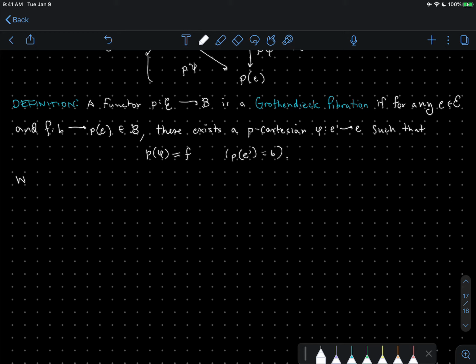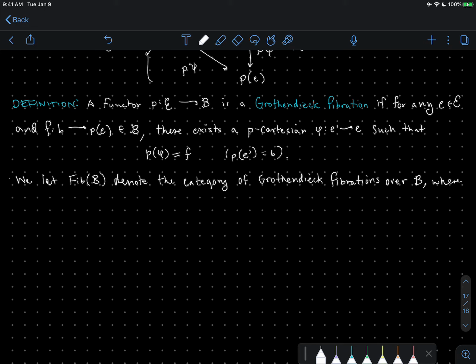We let Fib of B denote the category of Grothendieck fibrations over B, where morphisms are commutative triangles.